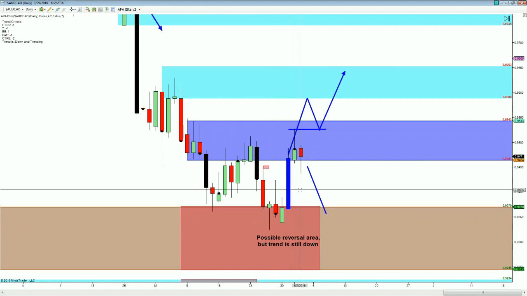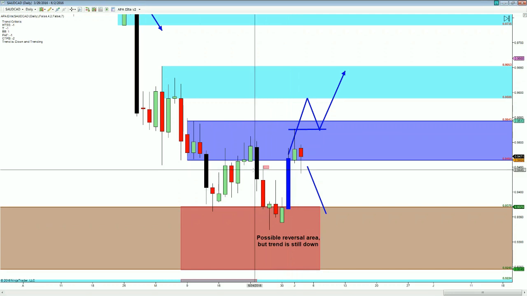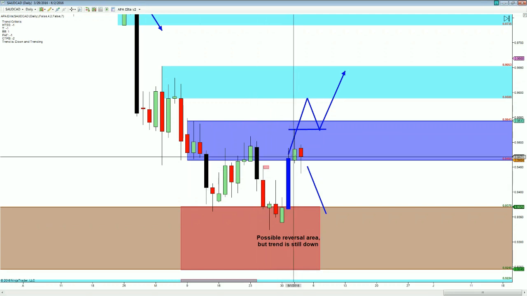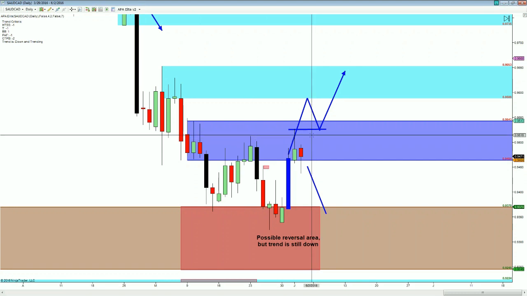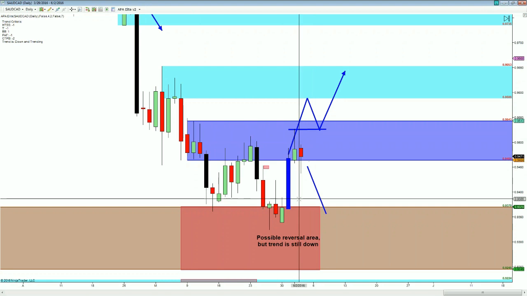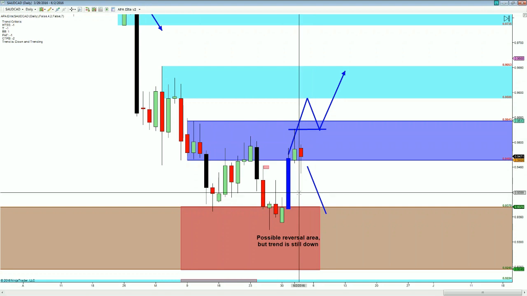You see this blue candle, and that's where the Elite software is actually coloring the candle blue based upon the criteria of it being a big, powerful candle. Red candles are big black candles, blue candles, big green candles. This is just part of what the Elite software and the neural network does for us: it identifies all kinds of market conditions and gives us a nice definition of trend.